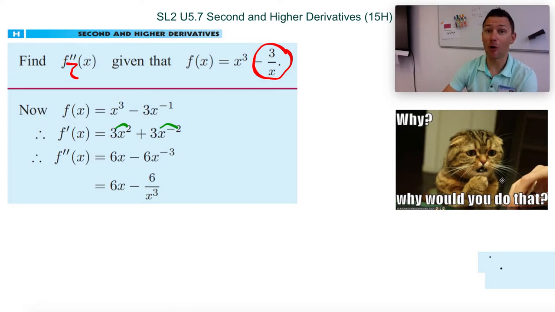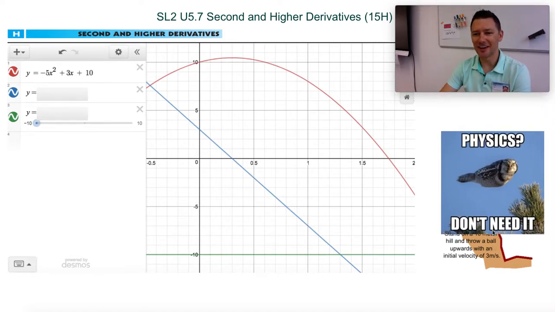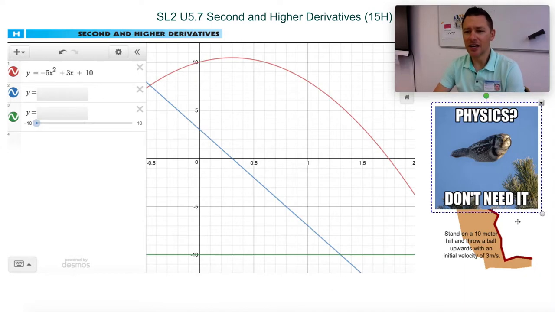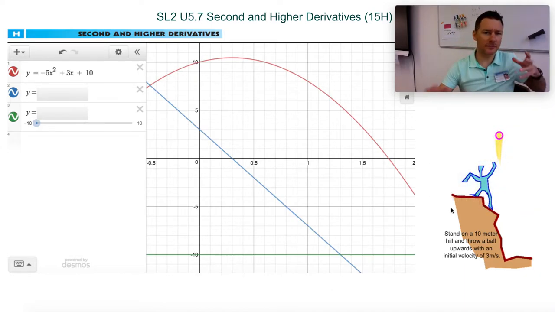And why on earth would you do that? Well, physics is a good one. If you need physics, some people don't, like this owl. Physics is the one that makes the most sense to me. Other applications in business and things like that. But here's an idea. If you throw an object up in the air at a certain speed from a certain height, you can model that using kinematic equations, right?